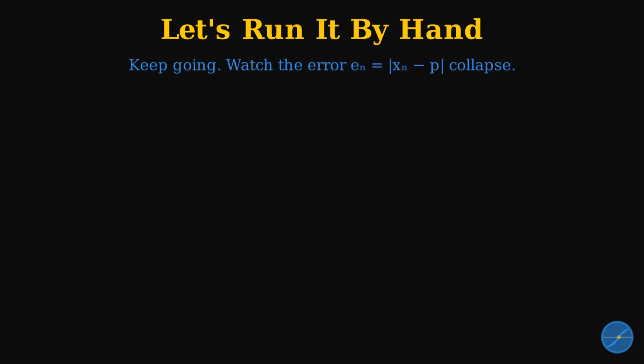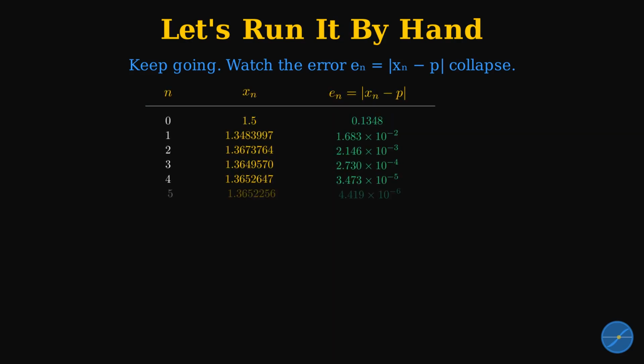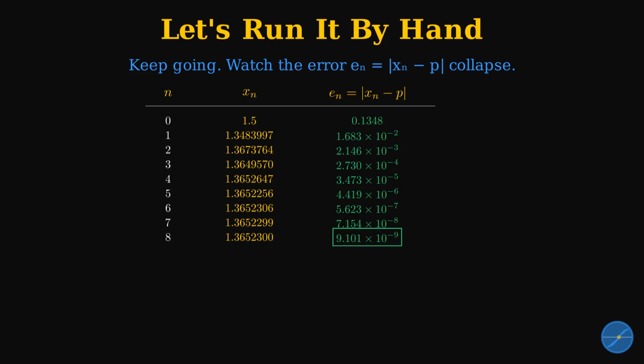Keep going and track the error: how far each x n sits from the true root. Here's the table. Step by step the error collapses. About 0.13, then 0.017, then 0.002 and so on. By step 8, we are within 9 billionths of the root. Now look closely at those errors.